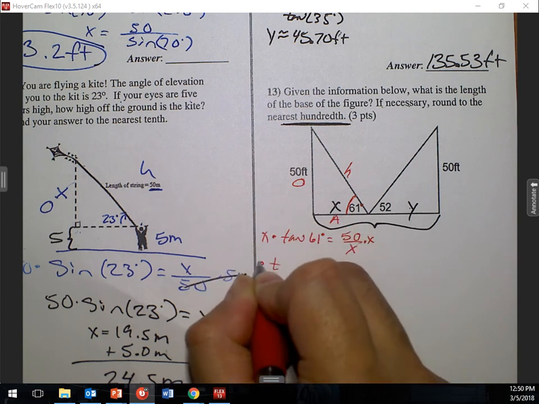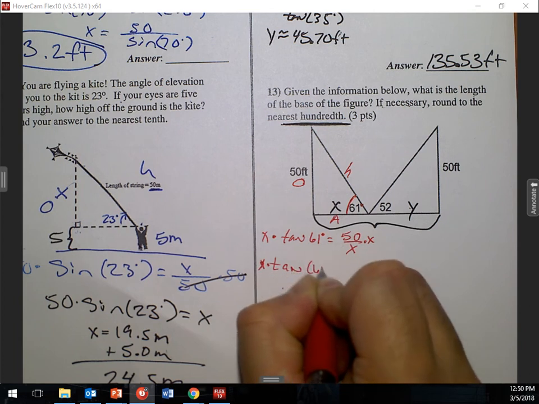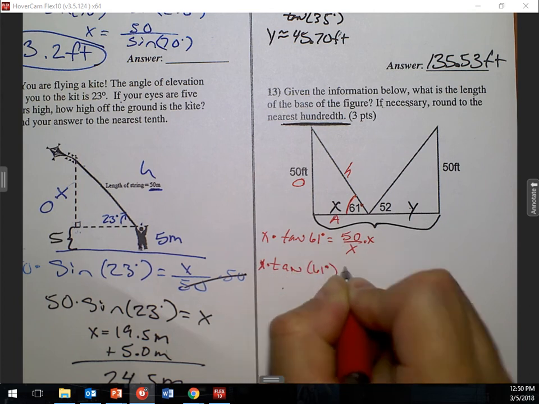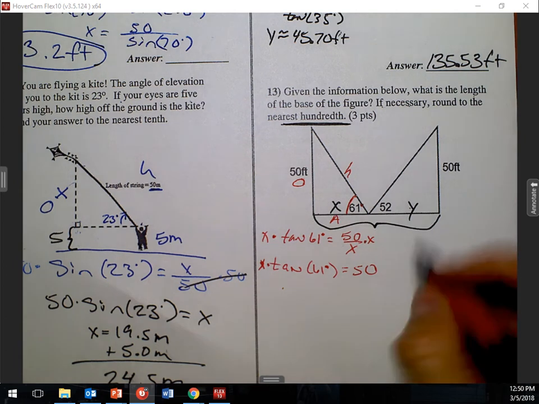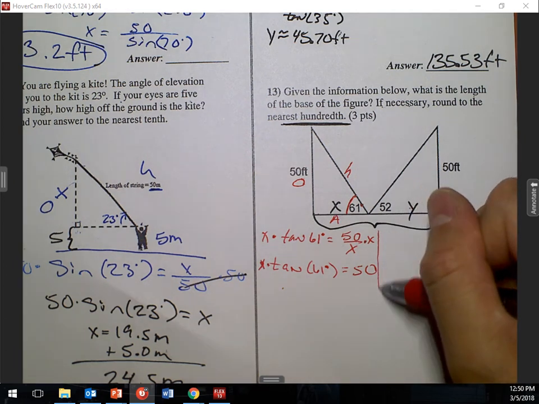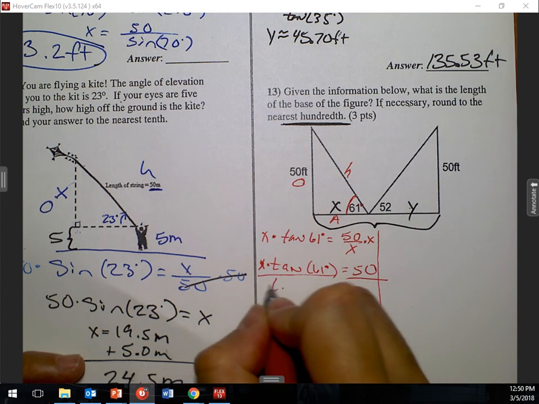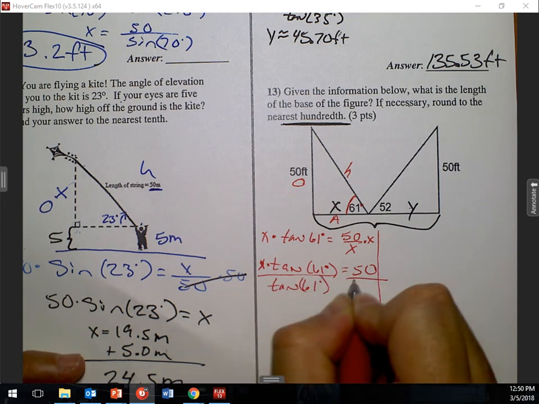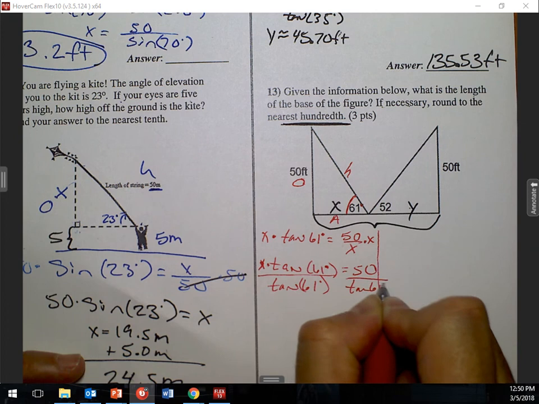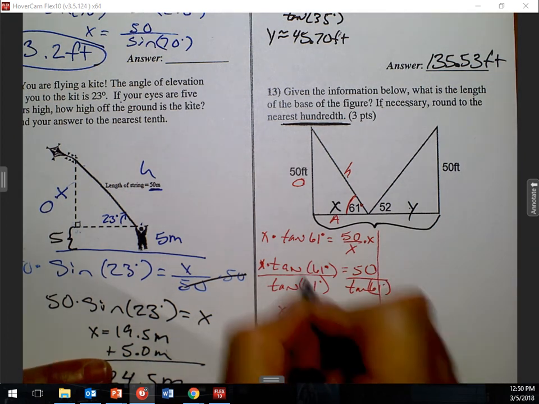So x times tangent of 61 degrees is equal to 50. And what do I do now? Divide by tan 61. Very good. All right, so those will cancel.